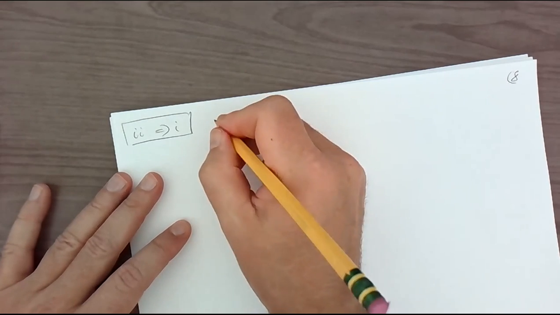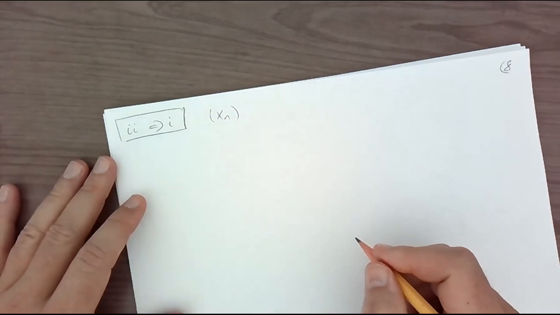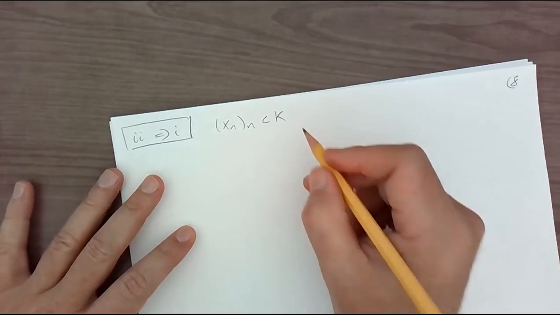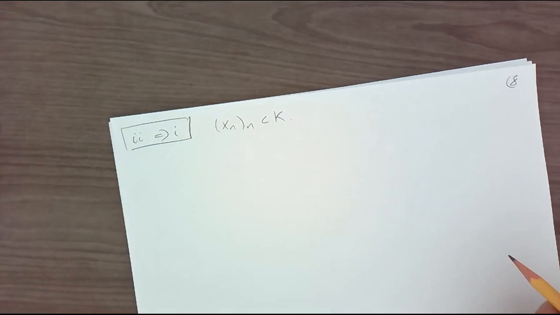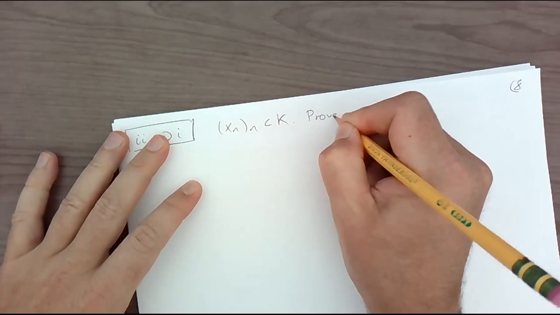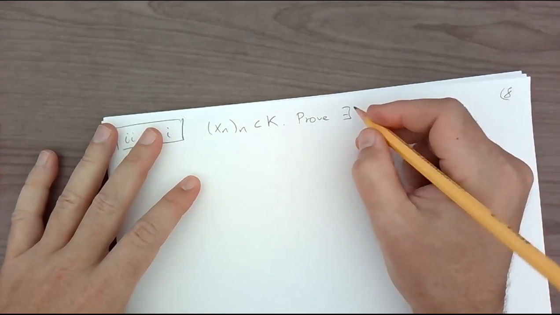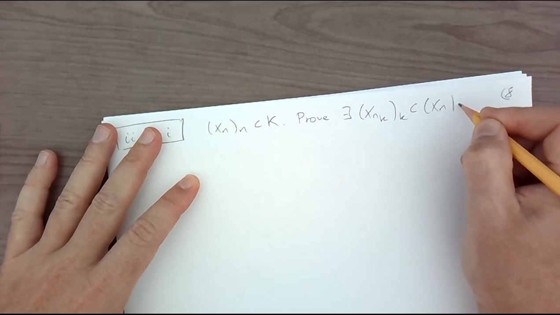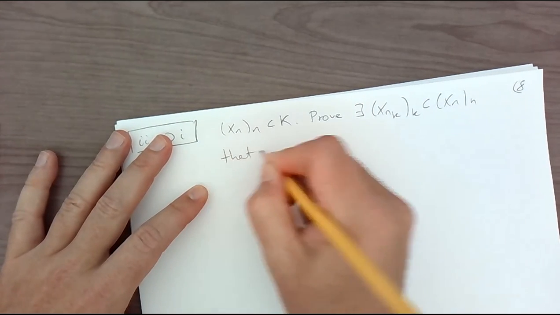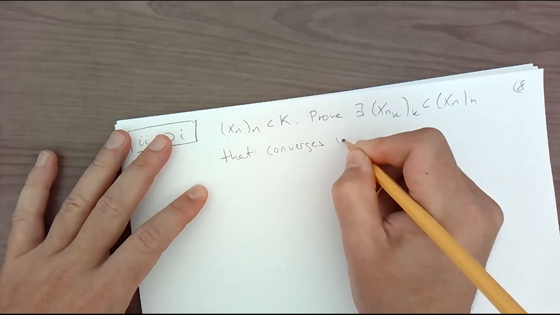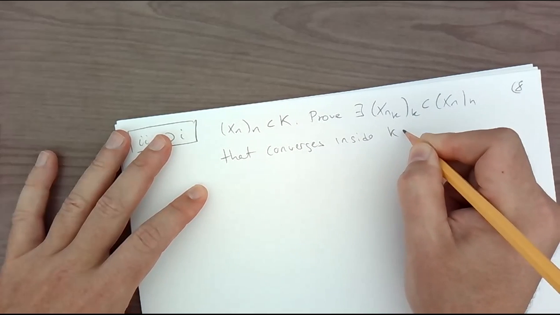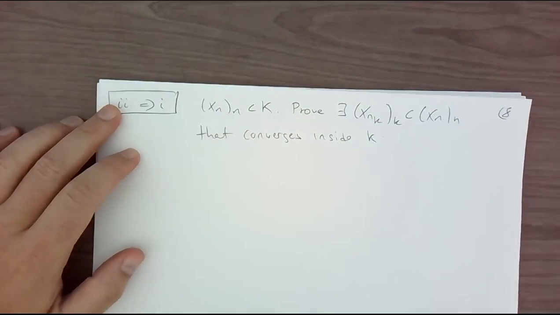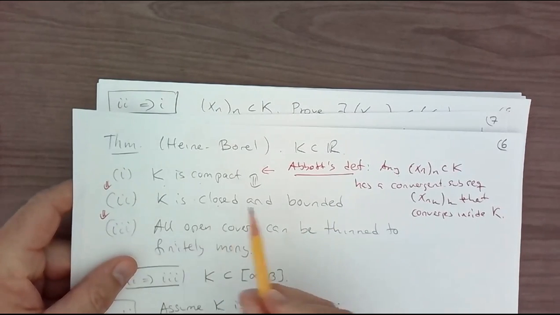We're doing 2 to 1, so I take a sequence inside K, and then I want to prove that there exists some subsequence inside it that converges inside K. How would I go about doing that? Well, all I have going for me is that I know that the set is closed and bounded.